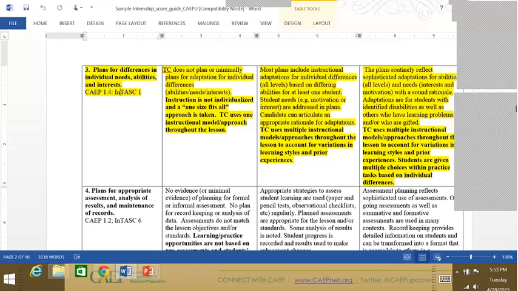So it takes it one step further and said aside from using a few differentiated approaches during the lesson itself, students are given choices within practice tasks that they can choose based on their own individual differences. Okay, so it goes one step further.